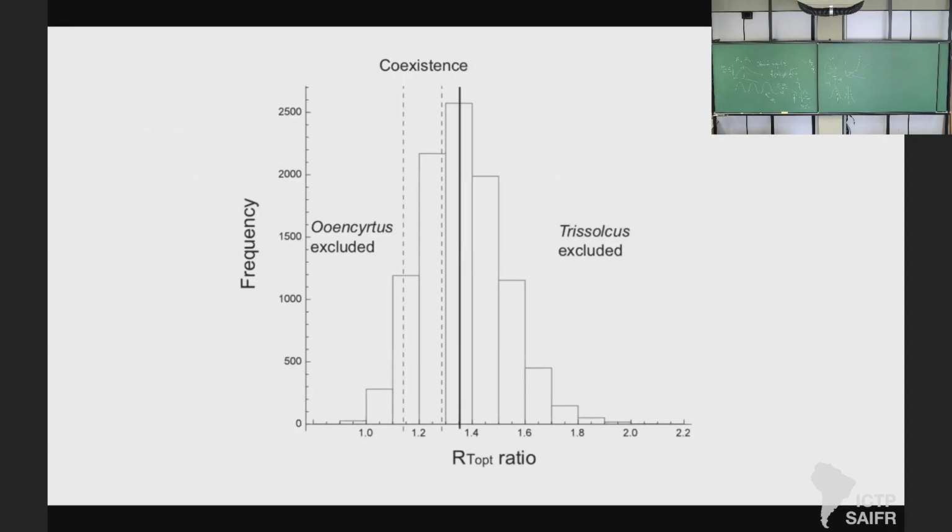But what is interesting is that there's only a very small difference in these ratios of R stars. So if there has been enough time for Trisocus to adapt to this system, then that might actually change. These data are from 2009. We actually measured them in 2021, and I am pretty sure if we went back and saw this, it would be different now, because they're getting more adapted to a warmer thermal regime.